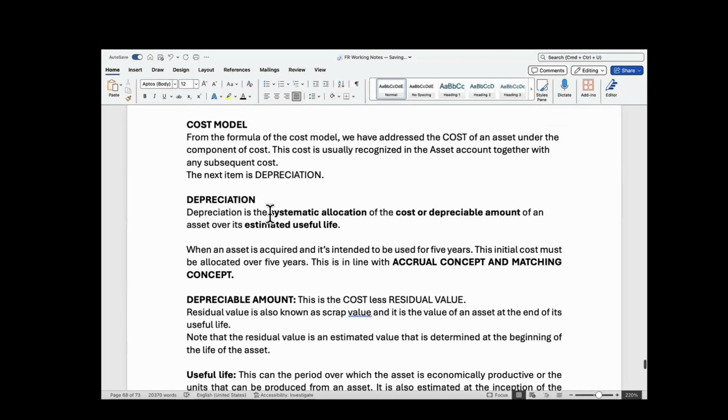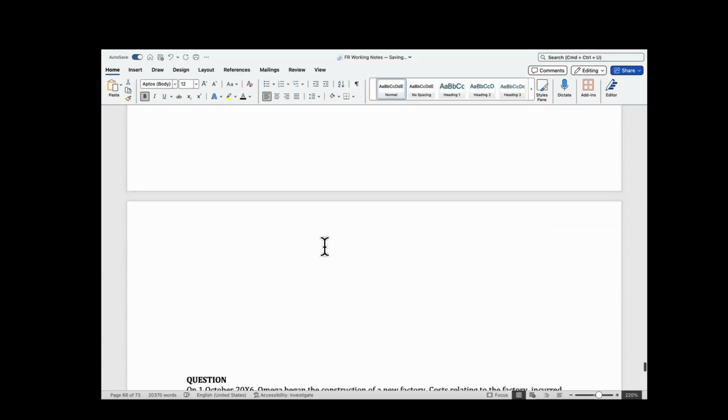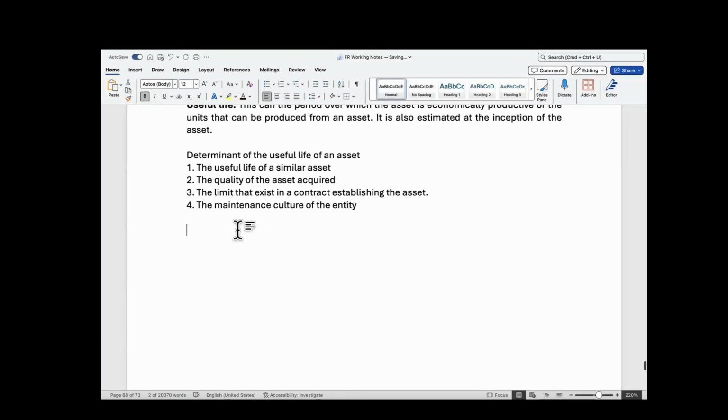Okay. And finally, systematic allocation. From the name, systematic allocation is how you allocate the depreciable amounts.